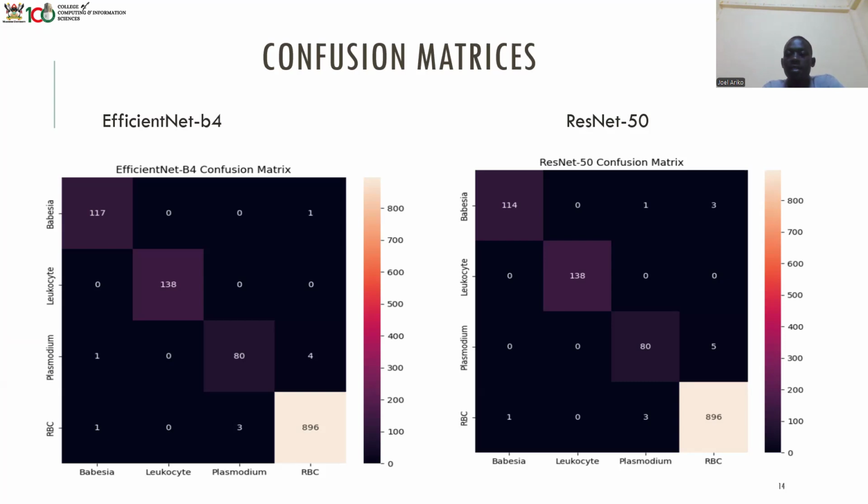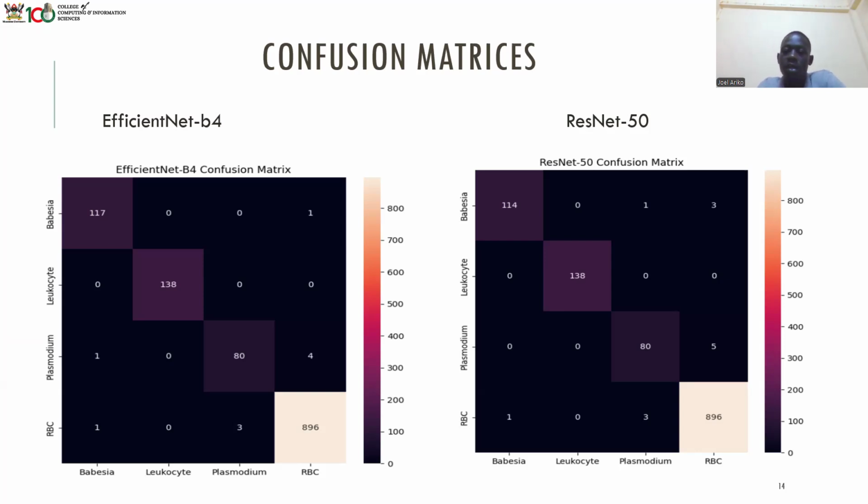Equally, on this side, the ResNet, most predictions were done diagonally, meaning the model was performing well, but it misplaced 4 cells of Babesia, where it detected 1 as Plasmodium and 3 as red blood cells. Then for the leukocyte, it performed well. It didn't misplace any of the cells.